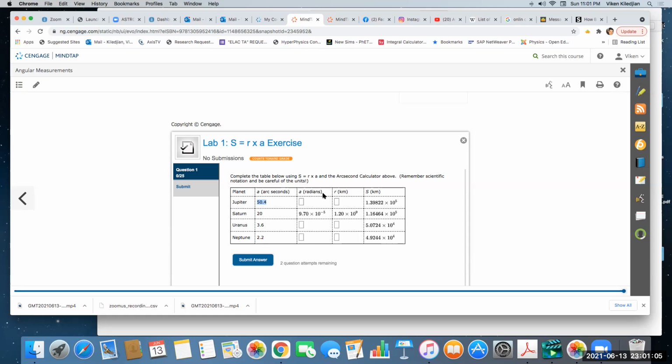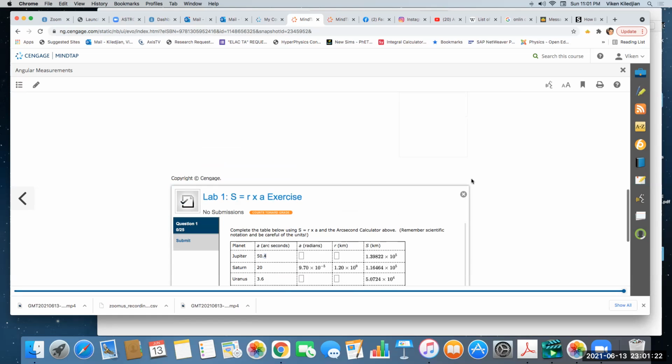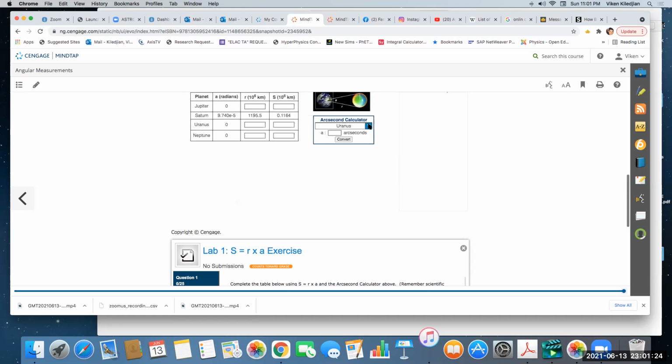So this example is meant to be a little bit more exact, I think, because they're giving you the angular arc seconds down to 1 decimal place. So we put Jupiter, 50.4 arc seconds.